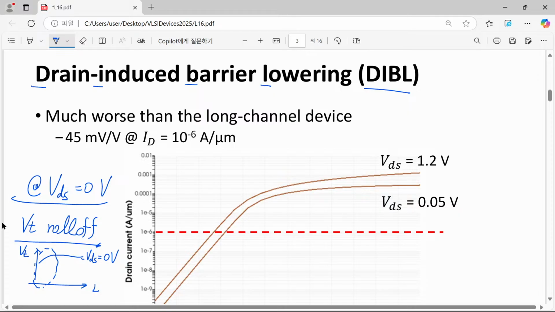If DIBL is too high, then we think that the show is stopped. Show means the scaling of our transistor technology. So this is the limiting factor of our technology development. What is DIBL?